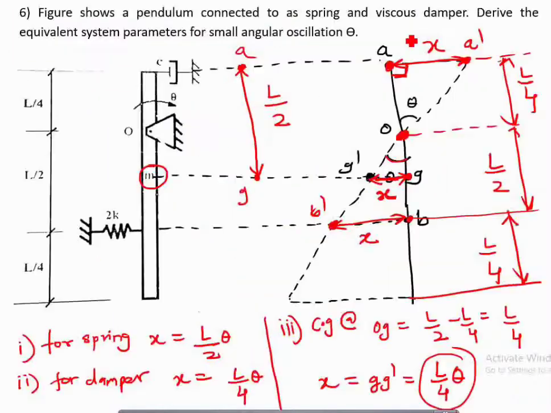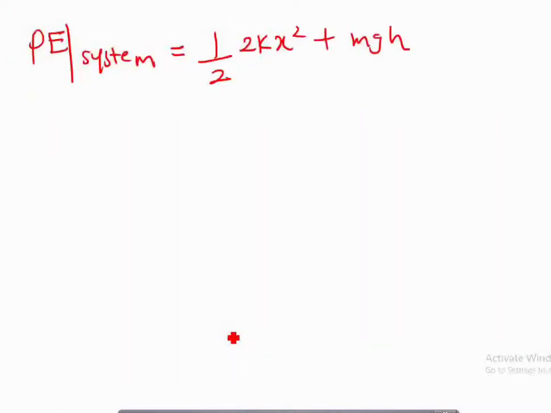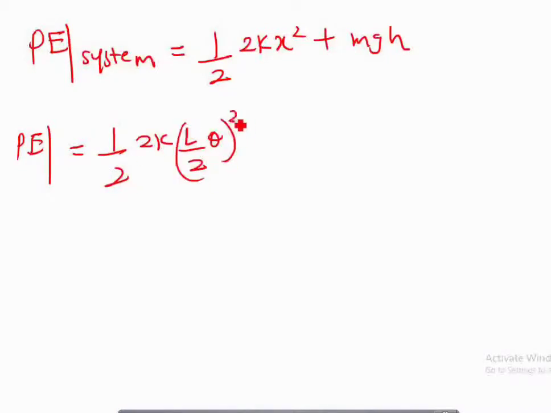So the potential energy of the system is nothing but 1/2 into 2k into x square plus 1/2 mgh. Now for the spring, as I have already said, x is equal to L by 2 into theta. So the potential energy of the system is equal to 1/2 into 2k into (L by 2 into theta) square plus mg L by 4 into (1 minus cos theta).